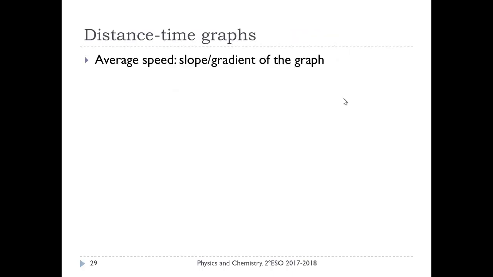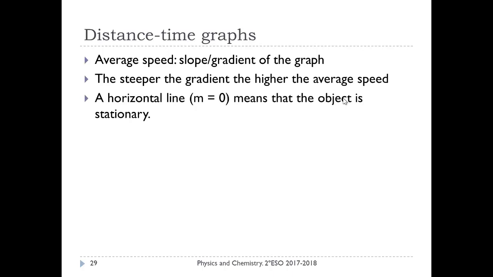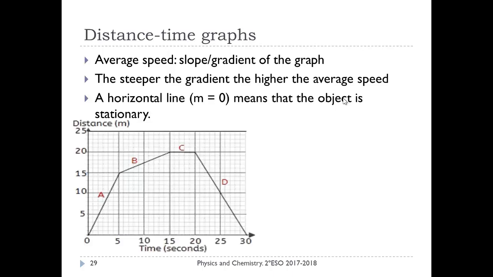In a distance-time graph, the average speed is the slope or the gradient of the graph. The steeper the gradient, the higher the average speed. A horizontal line, which means that the gradient equals 0, means that it's stationary. For example, this graph here. The fastest moving one would be segment A, because its gradient is the biggest.